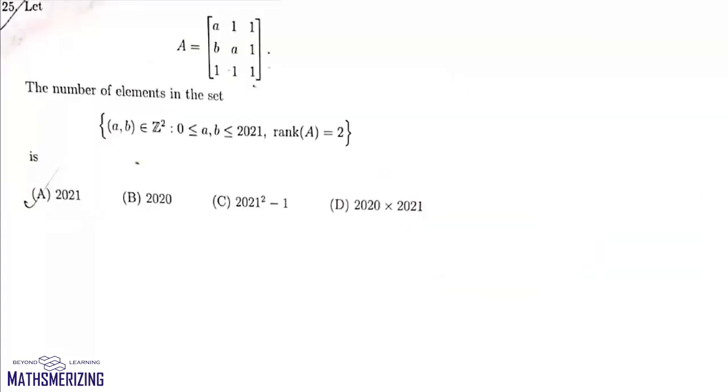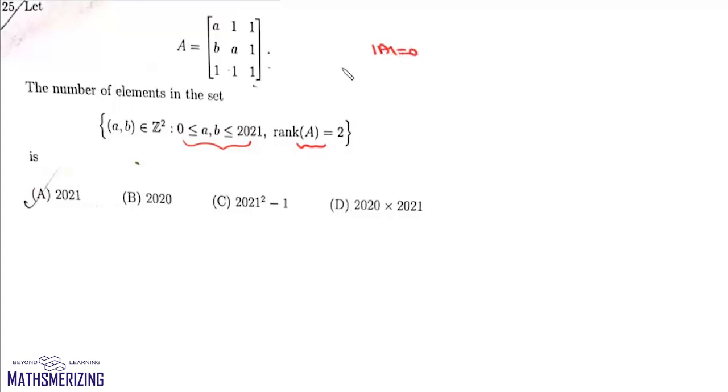Now question number 25 is, we are given this matrix A. We need to find the number of elements in this set, where (a, b) belongs to Z square, where both a and b are greater than or equal to 0 but less than or equal to 2021, and we are also given that rank of A is 2, and if rank of A is 2, then determinant of A is 0.